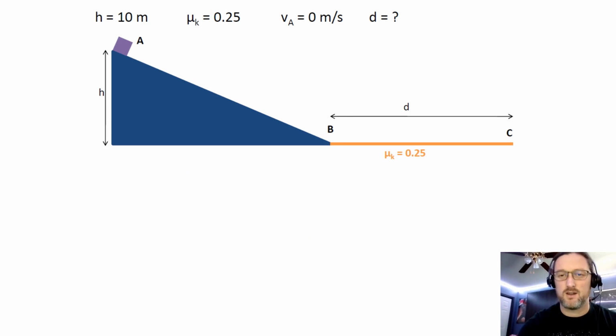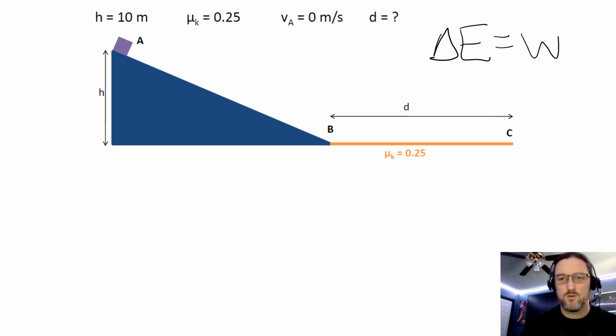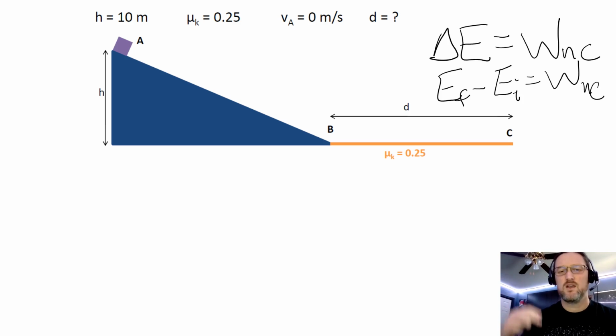So remember, again, master equation: change in energy equals work from non-conservative forces, or final minus initial energy equals work from non-conservative forces. And I have three points here, A, B, and C. We really need to only consider energy at point A and energy at point C. Energy at point A is the initial energy, and energy at point C is the final energy.